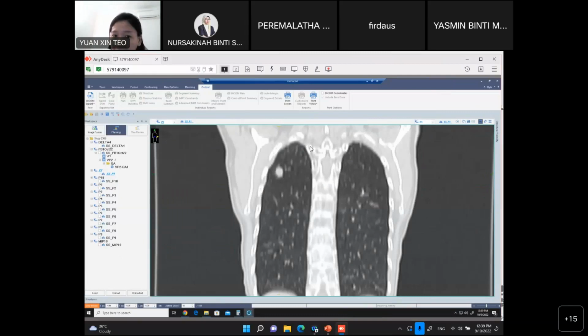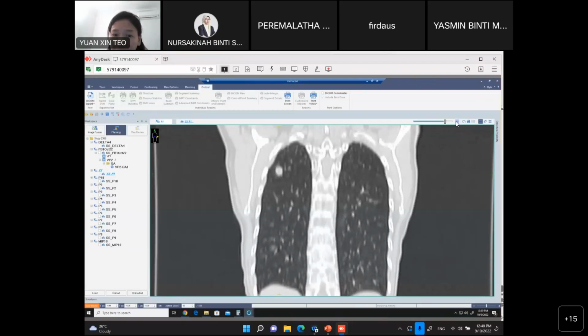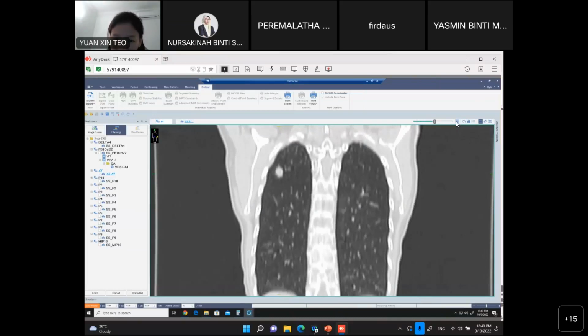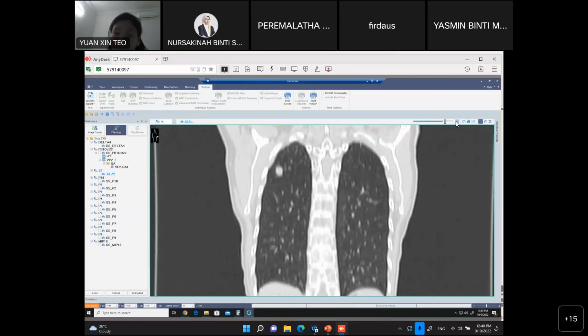You can see this tumor, and you will see the lung movement of this patient, and also the tumor movement. From this technique, the doctor can now decide how much margin she wants to put in for these patients. This is method 1.